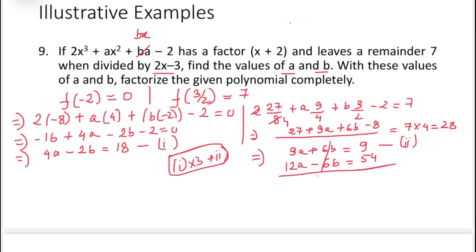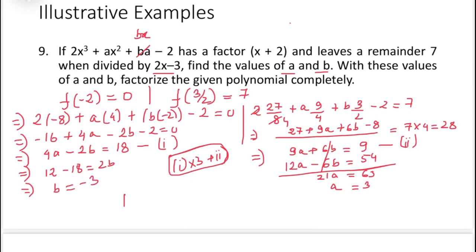So 6b cancels out, and 21a equals 63, or a equals 3. So if a equals 3, then 4 times 3 is 12, so 12 minus 18 equals 2b, or 2b equals minus 6, or b equals minus 3.